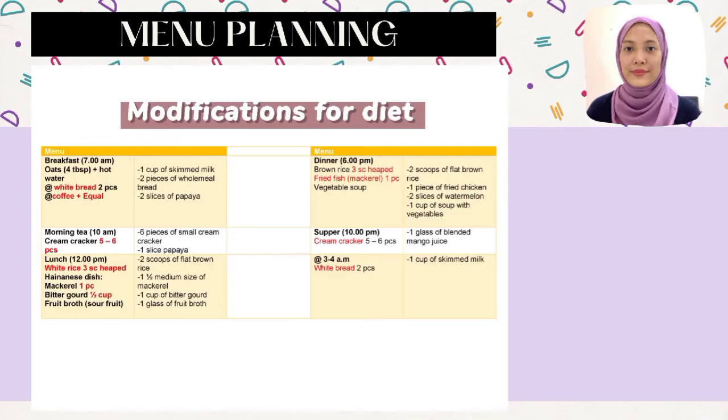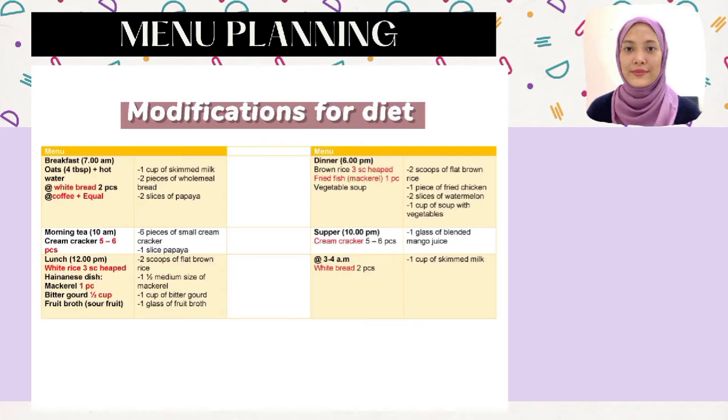For morning tea, 6 pieces of small cream crackers and 1 slice of papaya. For lunch, 2 flat scoops of brown rice, 1.5 medium-sized mackerel, 1 cup of bitter gourd, and 1 glass of fruit broth. For dinner, 2 flat scoops of brown rice, 1 piece of fried chicken, 2 slices of watermelon, and 1 cup of soup with vegetables.